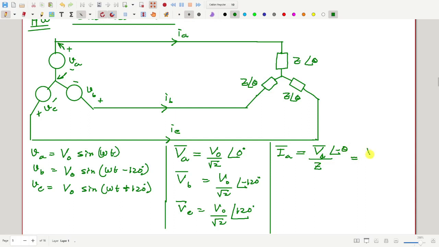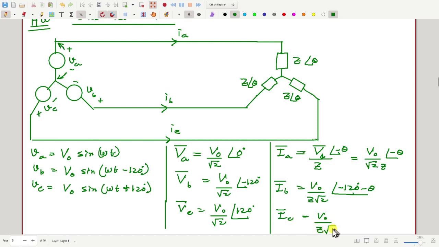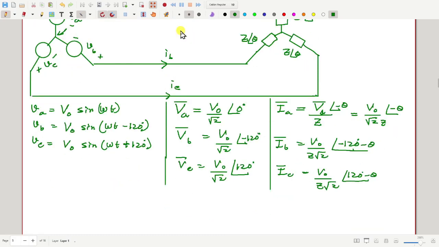Similarly, IB will be V naught by Z root 2 angle minus 120 minus theta, and IC will be V naught by Z root 2 angle plus 120 minus theta. So now you tell me the functional form of these currents.